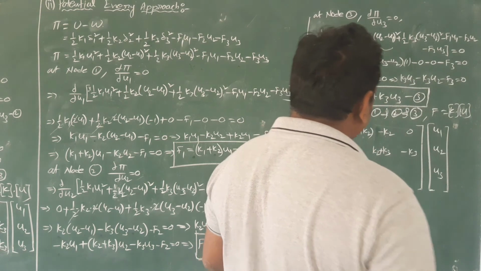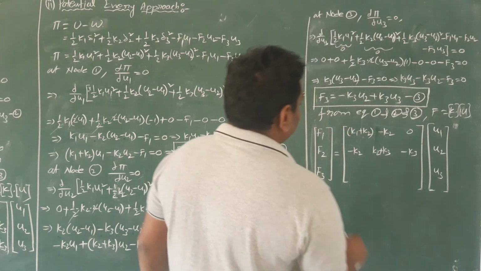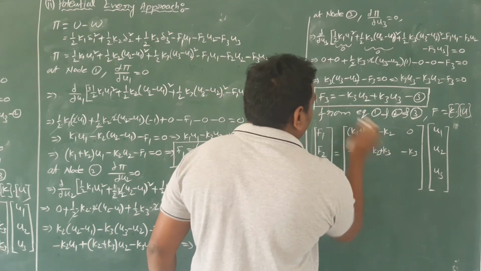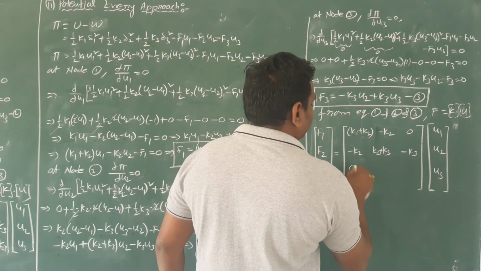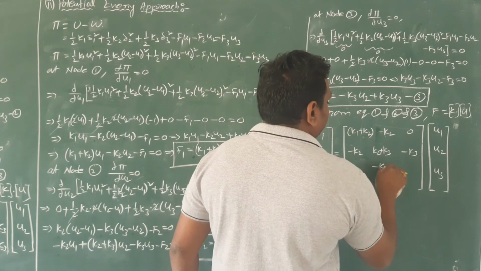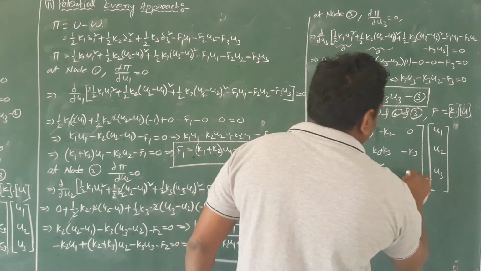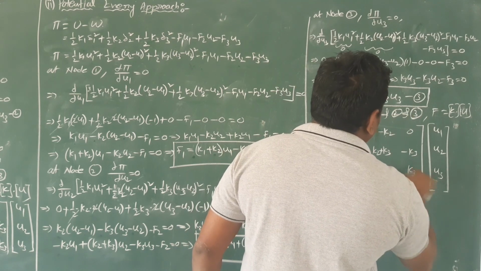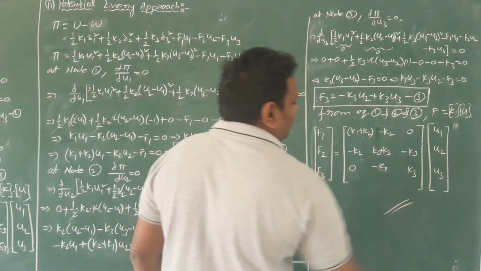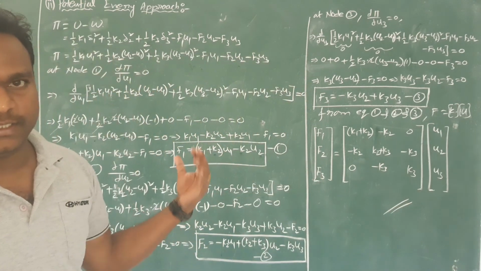Next, the third equation: there is no u1 value, that's why I am giving 0 here. Next is minus k3 and plus k3. This is a symmetric matrix. So finally we got the same equations in both cases.